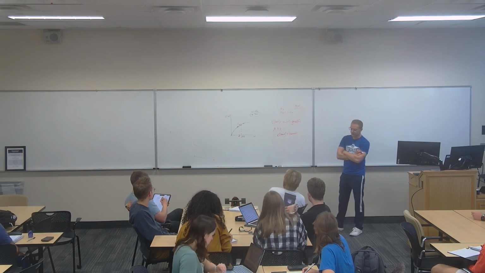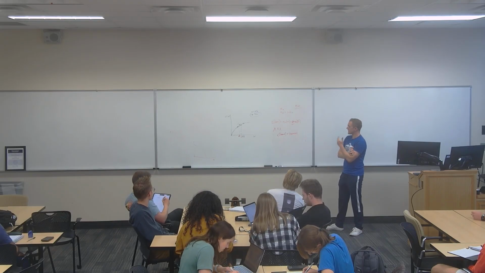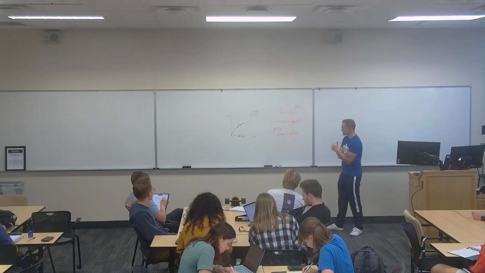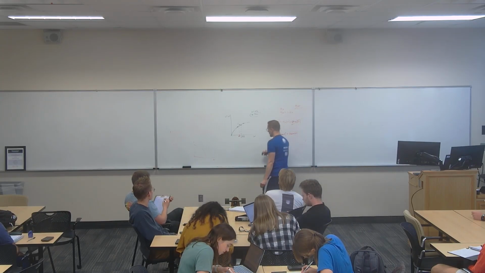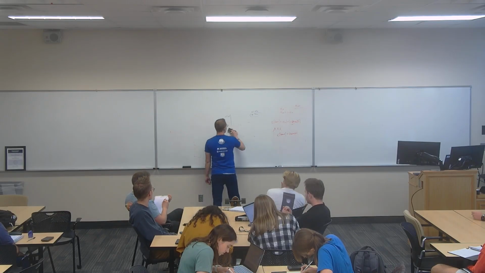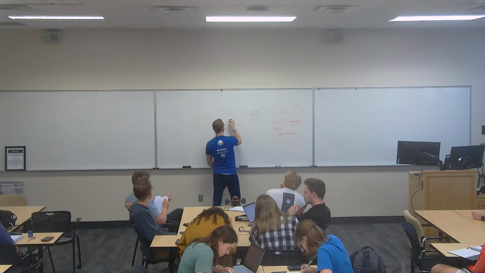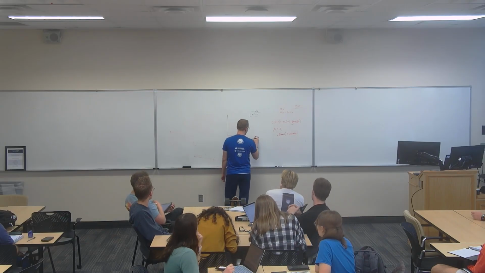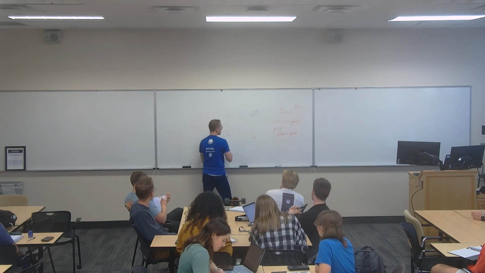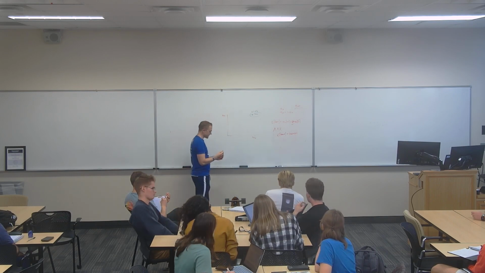Full insurance means that in the case of your loss, they cover 100% of your loss. Partial insurance is they cover some of your loss. If we were to put some kind of graph to this, and this is the hardest graph for me to draw, let's say someone's wealth in the event of no accident, and wealth in the event of an accident.